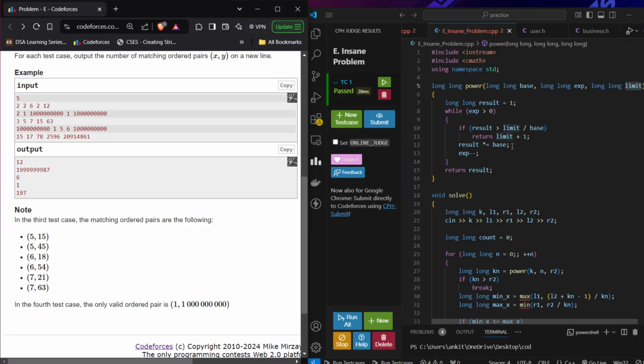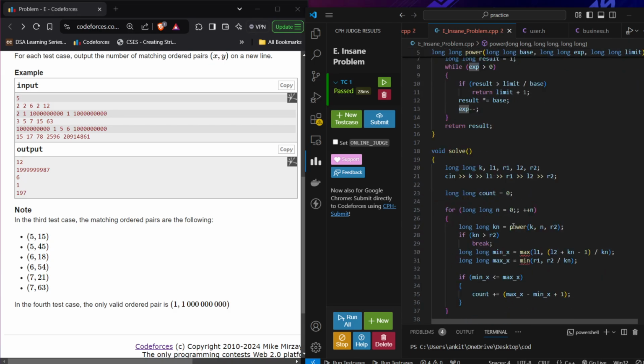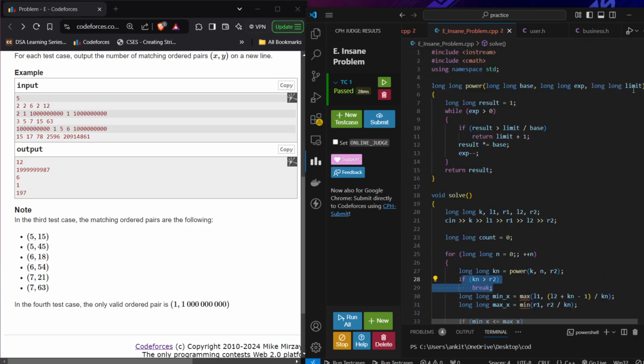The power function takes the base value, which is k, and the exponent, based on the iteration 0, 1, 2, and so on, until we break out, that is when k to the power n exceeds R2, the y values range. If that's the case, it will break out, otherwise the iteration keeps going.